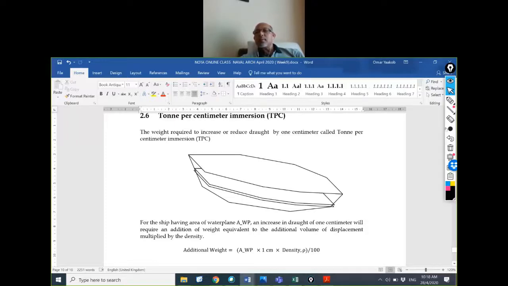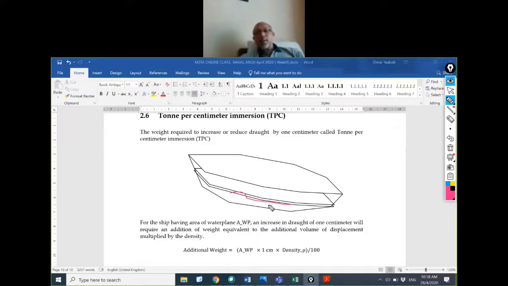So it is floating at this lower water line, the bottom one. Oh, it's too thick. Okay, so it is floating at this lower water line.